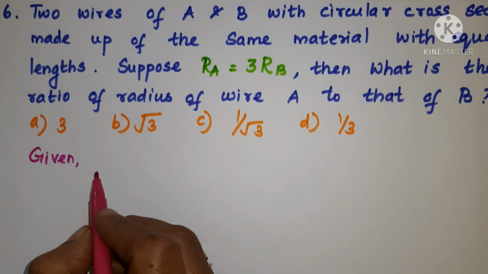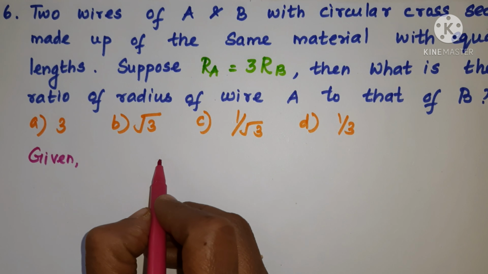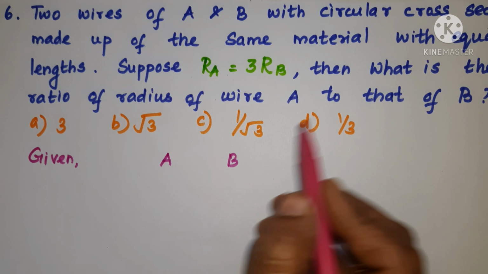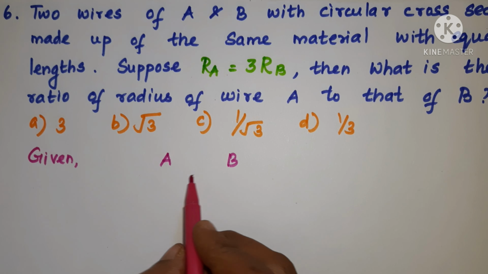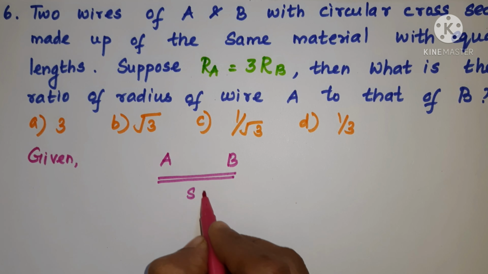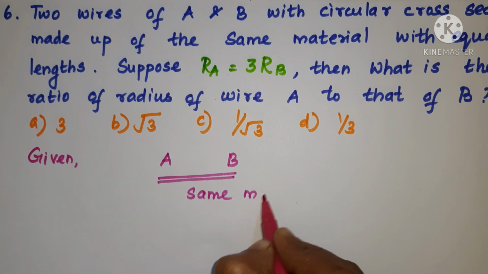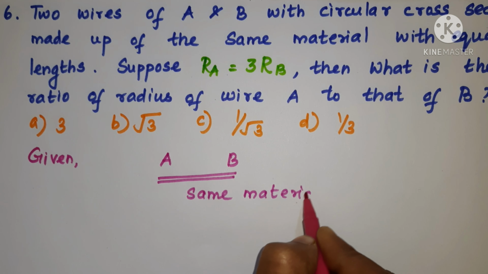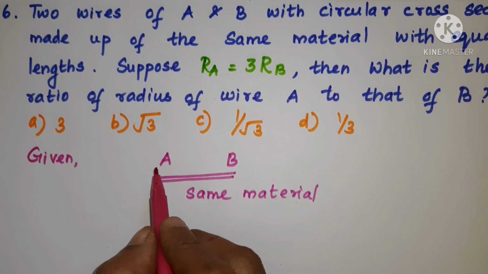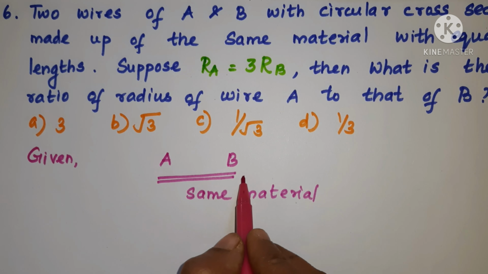The solution is given: two wires A and B with a circular cross section made up of the same material. Both those wires are made up of the same material and they have equal lengths. Length of wire A and B are to be equal.